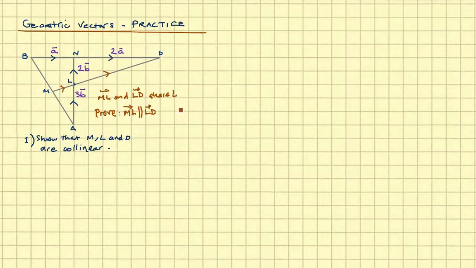I'll just put share L. Okay, you could express that as M to D equals M to L plus L to D. It's not quite the same thing. I think the main thing is just to say that they share a common point. So prove M to L anyway is parallel to L to D. That's the key insight. And again, pause the video at this stage if you like and see if you can do it.